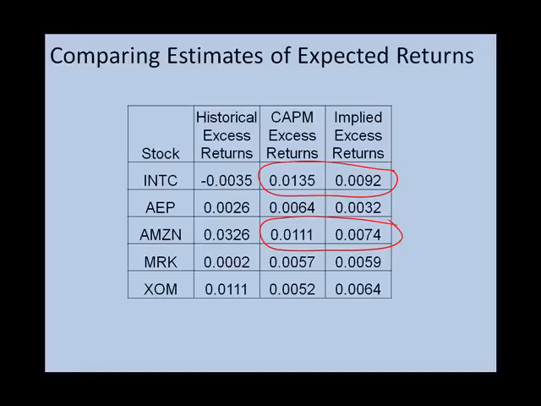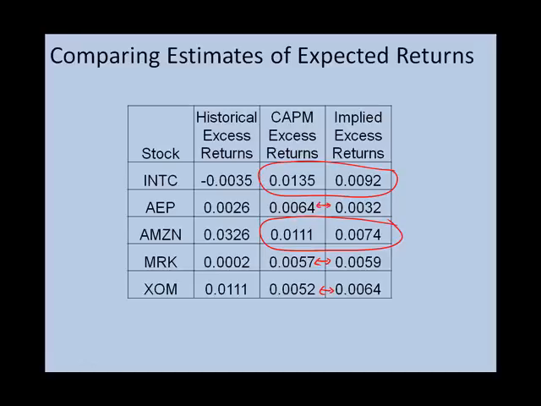We see that returns for Merck are similar for both the CAPM and the implied. The returns for ExxonMobil are also fairly close. The only one that changes substantially is AEP.